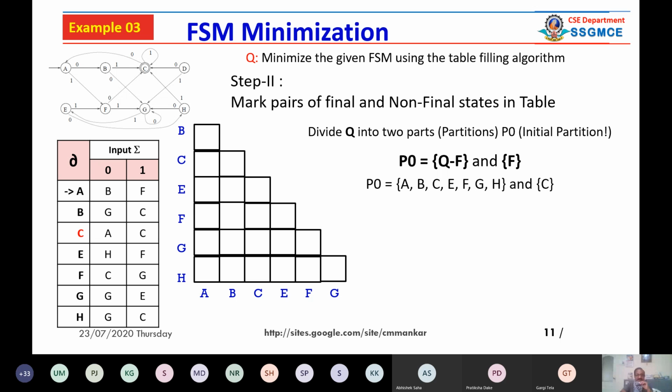In this way you can capture all the combinations. So it is a lower triangular matrix, the lower part of a matrix. In this way we can map combinations of all states. We don't need to do an 8 by 8 matrix. 8 by 7 is sufficient to map all the states.